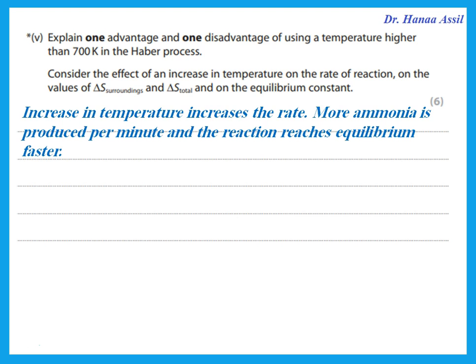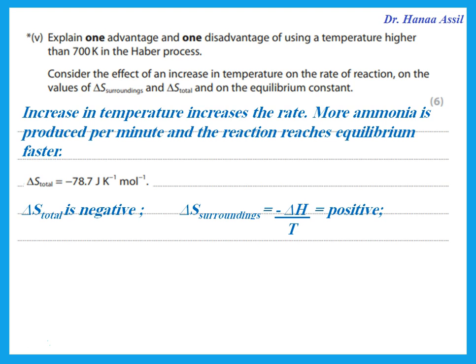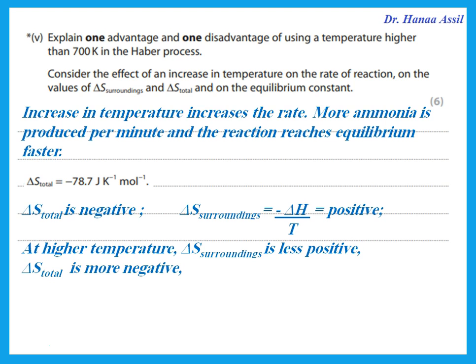But then what is the effect on the values of delta S surroundings and delta S total? We already have delta S total is minus. So the delta S total is a negative number. And we know that delta S surroundings, which is minus delta H over T, this is a positive number. This is what we got. So that means that at higher temperatures, the delta S surroundings will decrease. It will be less positive.